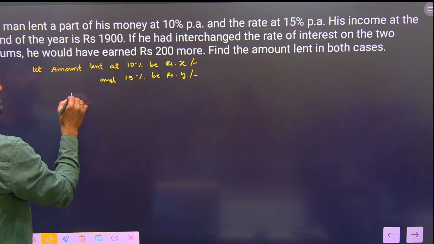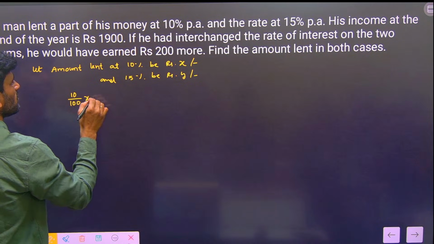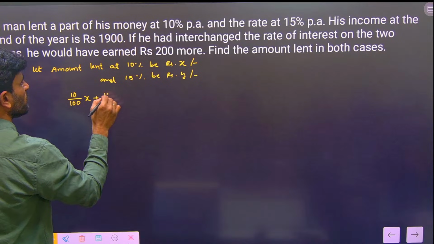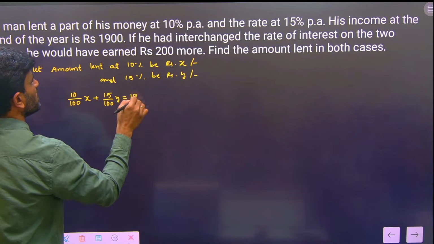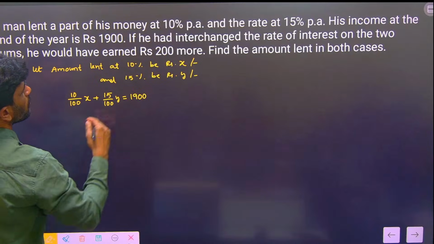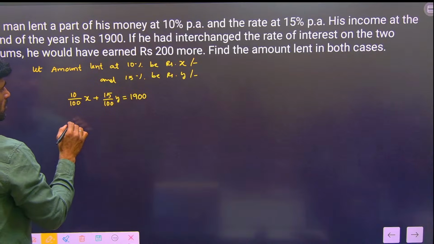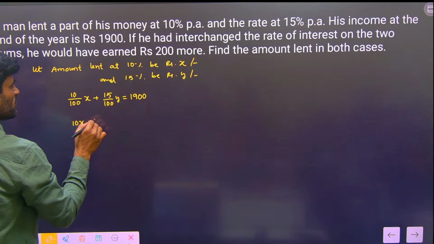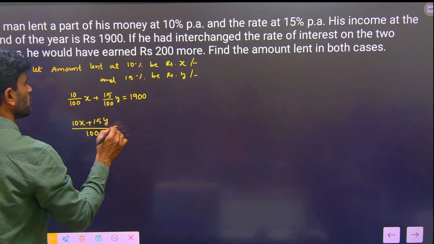So 10% means 10 by 100 of x rupees plus 15% means 15 by 100 of y rupees is equal to total 1900 rupees. Because no rate of interest is given, directly we have to take LCM like before: 10x plus 15y by 100 is equal to 1900.